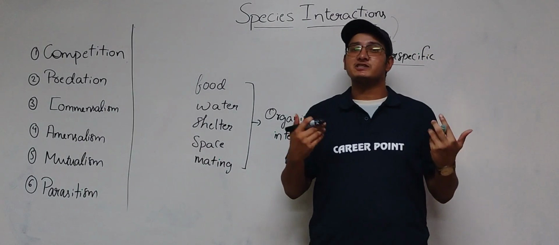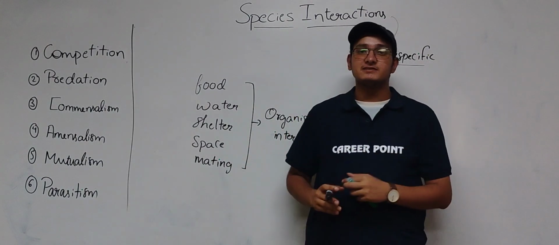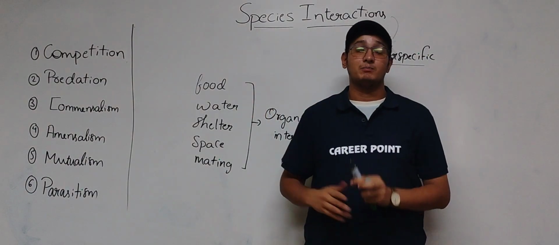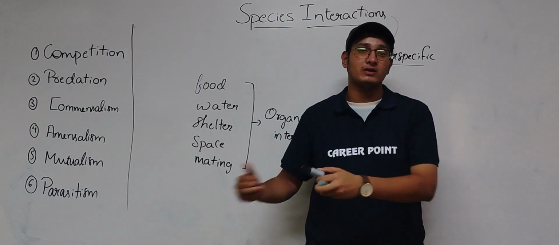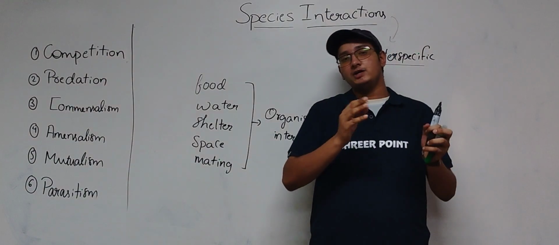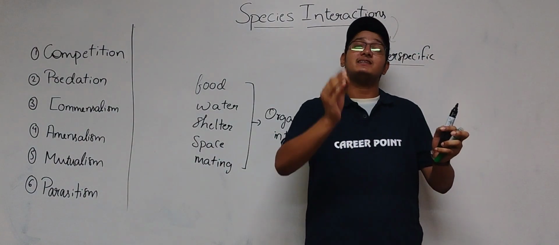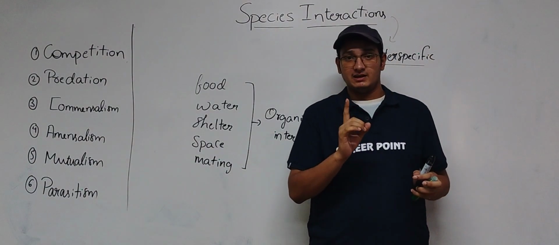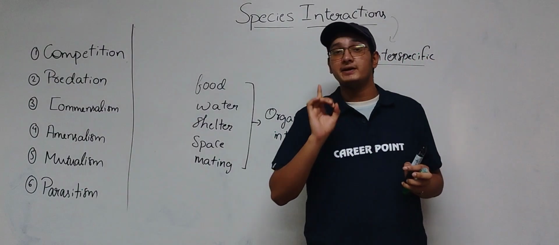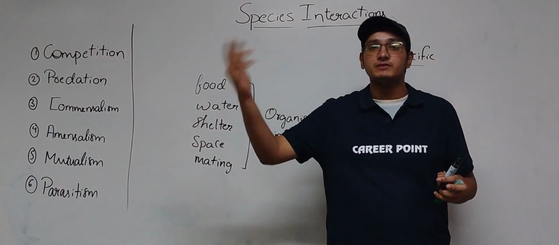You might ask, sir, in our previous classes we studied that plants are independent organisms, but now we are saying no organism is alone. Why? Because plants are independent only in making their own food. But they are dependent on other organisms for different functions.